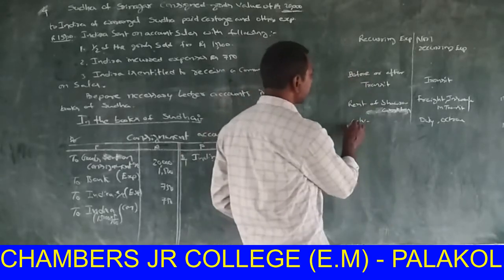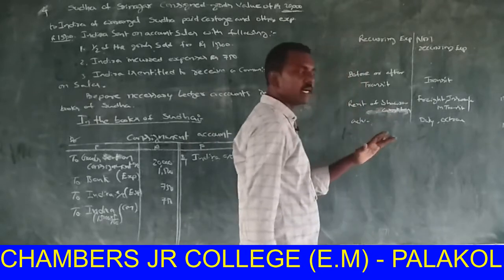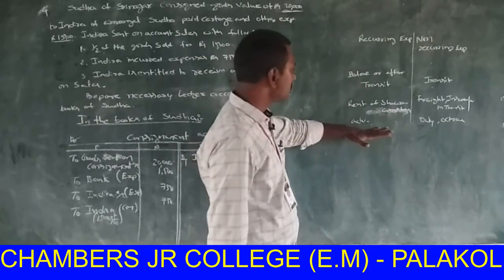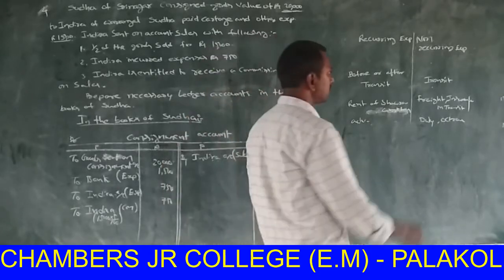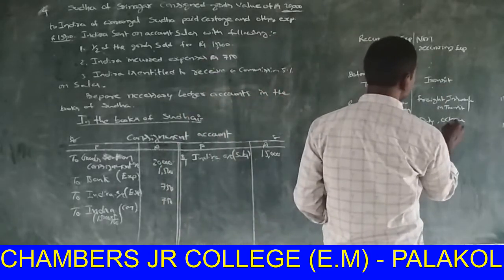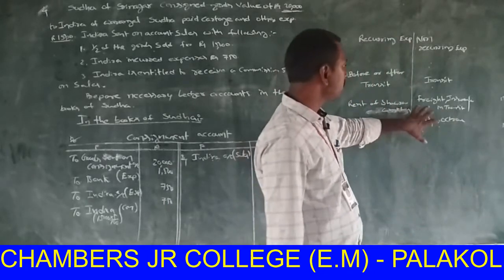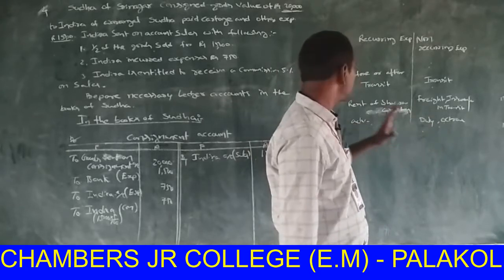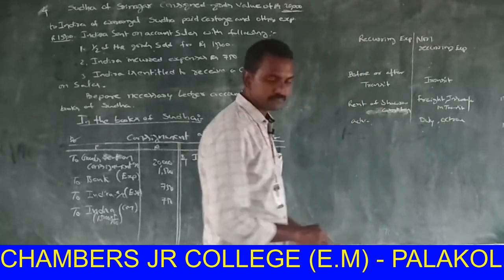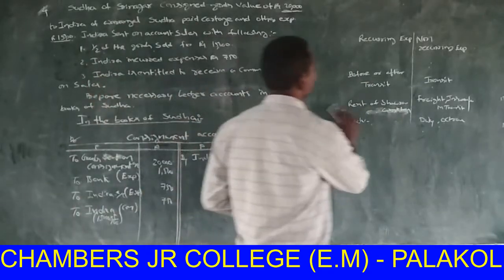These recurring expenses need not be considered in the valuation of closing stock. Non-recurring expenses need to be considered for the valuation of closing stock, but recurring expenses are not required.